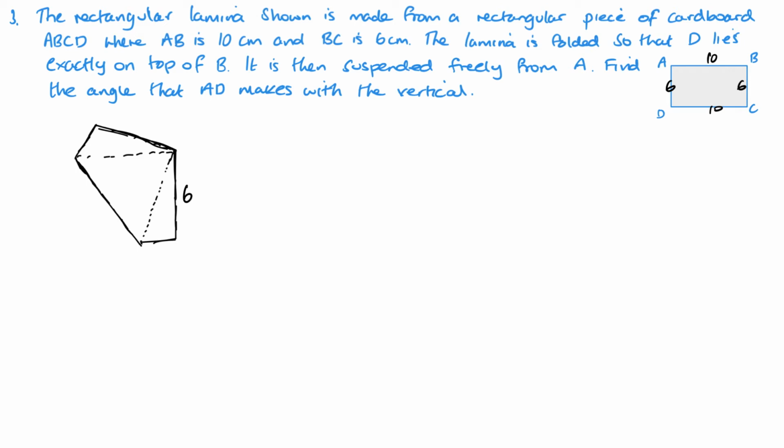Now, we know that this was 6 here, but we also know that this was 6 because this is my AD, isn't it? So this is also 6. So we've got B to C, but D is also there and A is there. That's what we've ended up with.